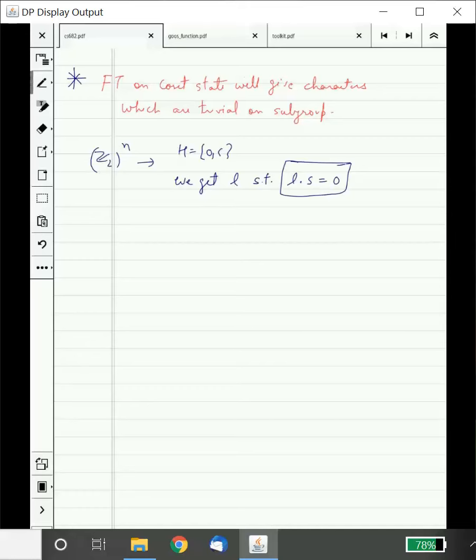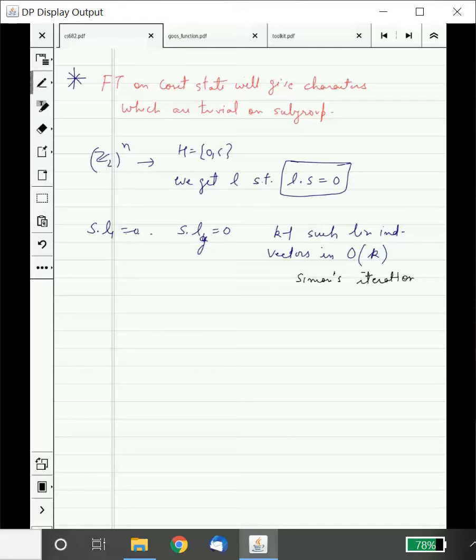Let's look at a more practical question. How can we say that S dot L1, ..., S dot Lk equal 0? We can get k minus 1 such linearly independent vectors in order of k Simon's iterations, or from order of k coset states.